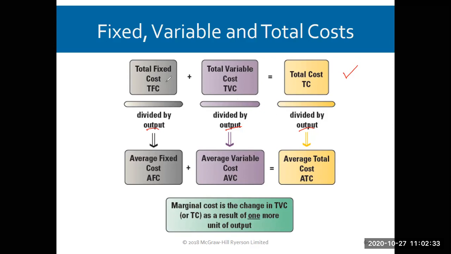So if you take total fixed cost divided by output, you get average fixed cost. Total variable cost divided by output, average variable cost. Total cost divided by output, average total cost. And marginal cost, we said, is the change in total variable cost as a result of one more unit of output. So let's take a look at the cost curves that are so critically important to us.